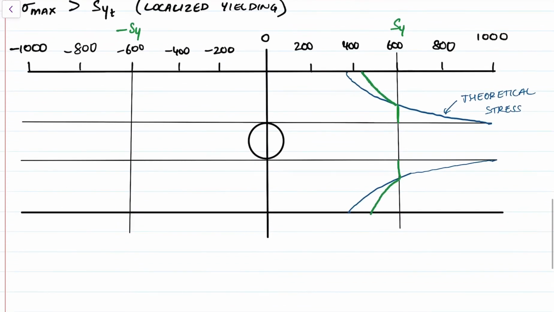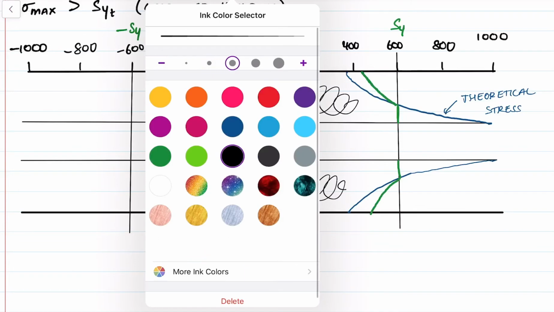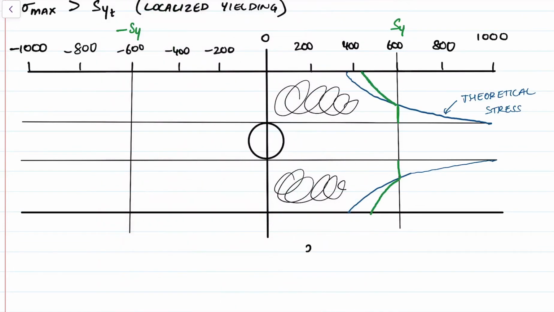So let's take a step back. On the x-axis, or the horizontal axis, we have the stress. And technically, to some extent, on the y-axis, you can think of it as area. So this region here and this region here is basically the stress times the area, which is force.